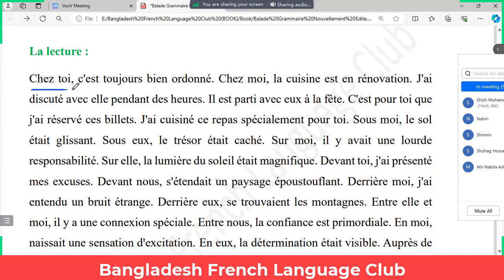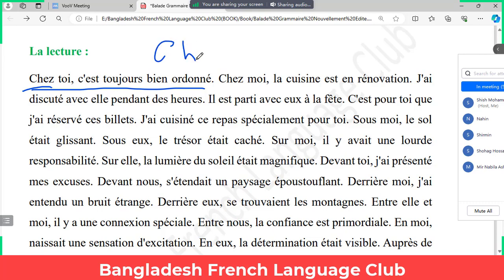Okay, let's see how they are used in sentences. Monsieur, could you please read this sentence? Chez toi, c'est toujours bien ordonné. Ordonné, right? So here after chez, right? Chez toi. We can't say chez tu, right?